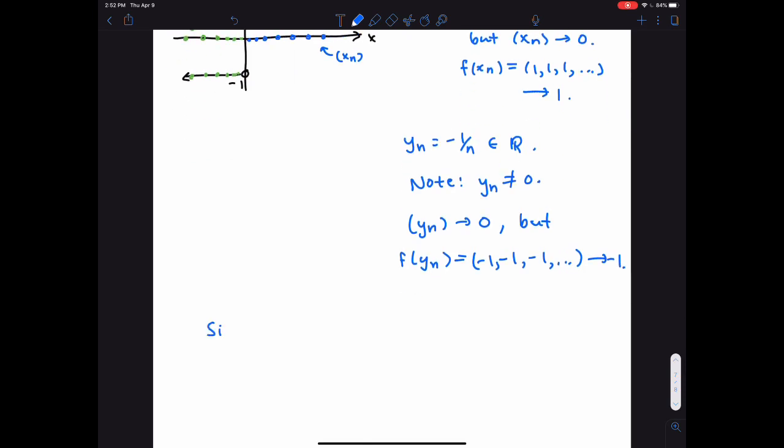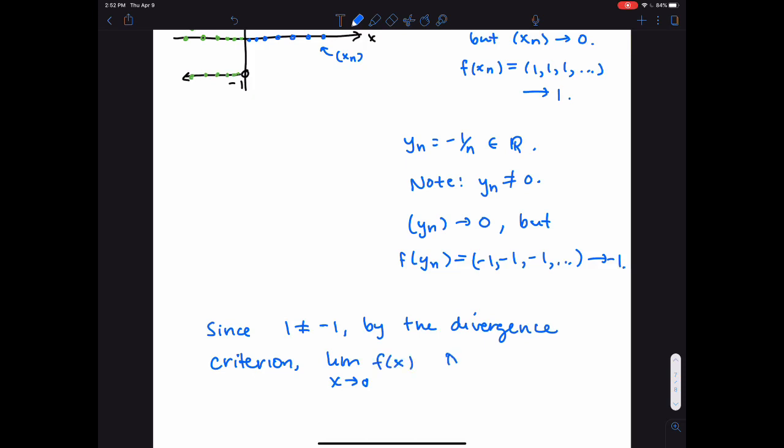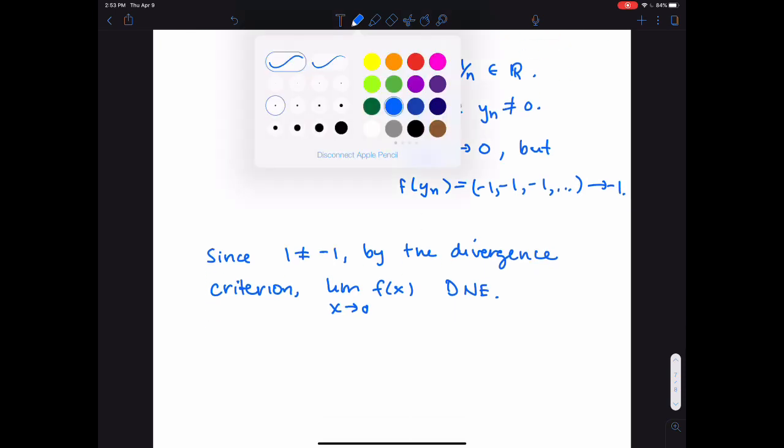And since 1 doesn't equal negative 1, by the divergence criterion, the limit as x goes to 0 of f of x does not exist. So this is our analog of saying the limit from the left doesn't equal the limit from the right.